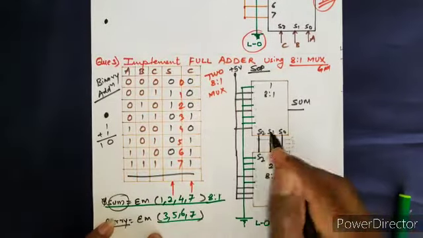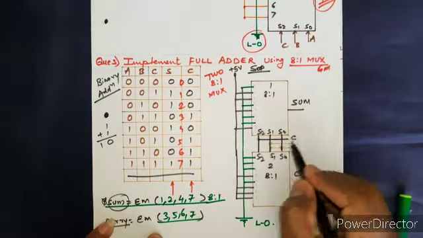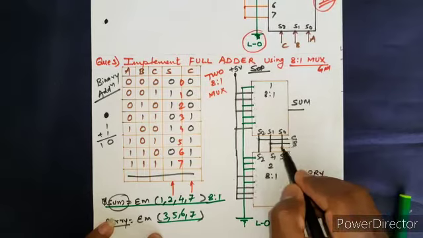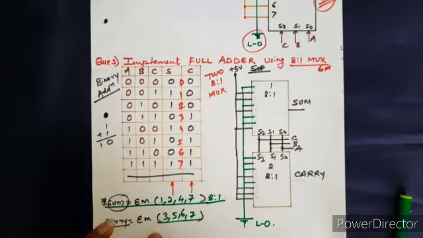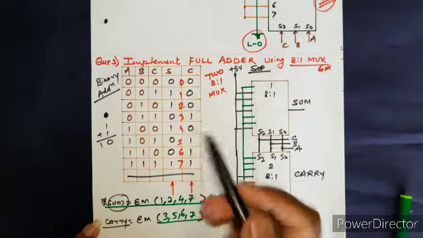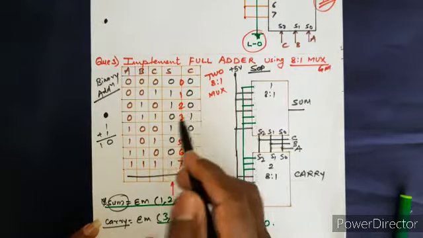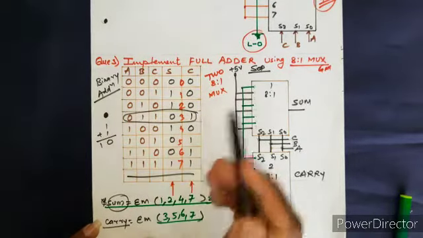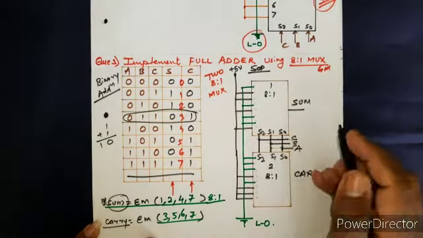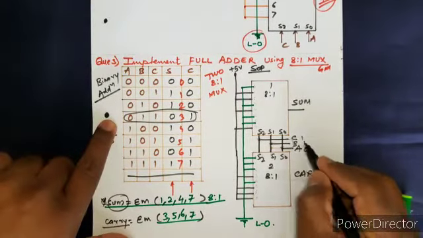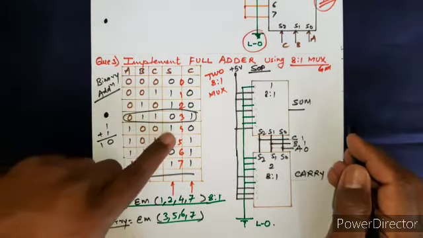Now S2 is connected to C, S1 to B and S0 to A. Take any combination, let's say 0, 1, 1. So A is 1, B is 1, C is 0: 0, 1, 1 means 3.